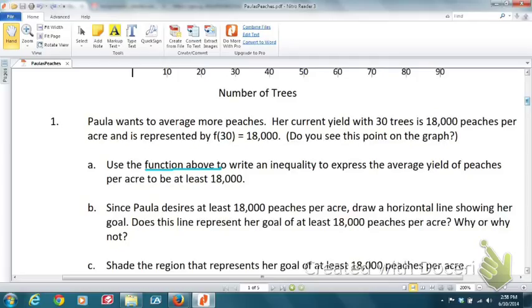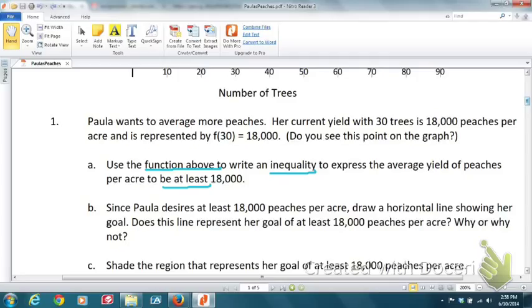The function above is f of x equals negative 12x squared plus 960x. It says to write an inequality. Underline the word inequality. An inequality means that you're either going to use less than, greater than, less than or equal to, or greater than or equal to, to express the average yield of peaches per acre to be at least 18,000. At least is a key word.